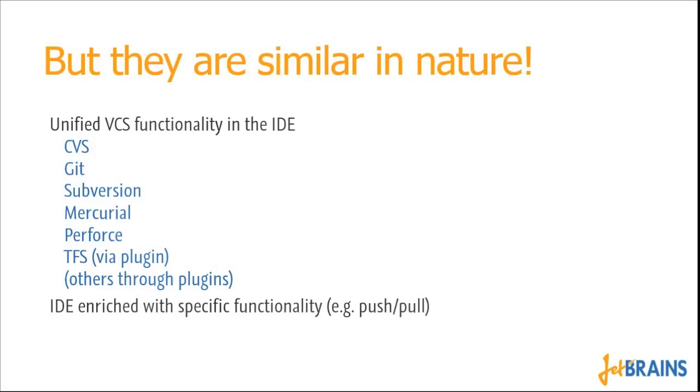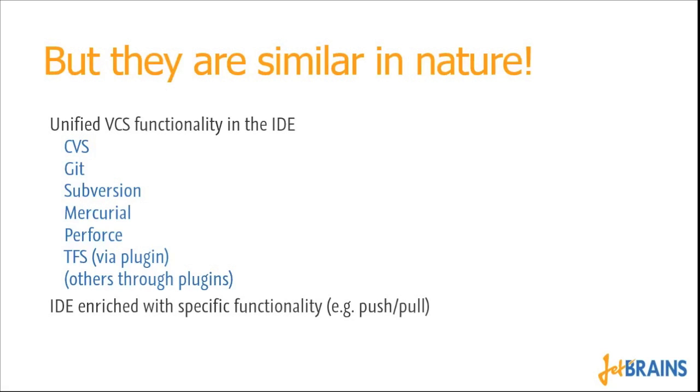And that's why in IntelliJ IDEA-based IDEs, you will see that there's a unified version control functionality. So whether you're using CVS, Git, Subversion, Mercurial, Perforce, or whatever source control system that you're using in your team, you will see that most functions in the IDE are through a unified interface, providing all the options that you know or may see in other version control systems as well.